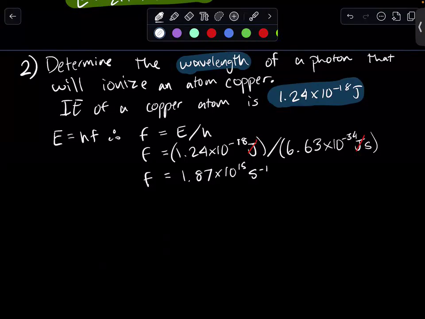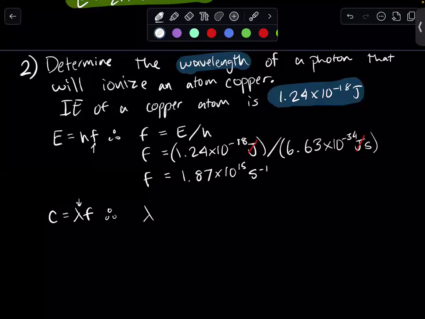Wonderful. I have my frequency now, so I'm going to use my second equation. c equals lambda nu. Oh, sorry, I was using nu, which is what I used to use for frequency, but that's more of a physics and chemistry thing. I'm going to rearrange it so that I have isolated lambda, just like I rearranged it to isolate frequency. Lambda is equal to c divided by f.